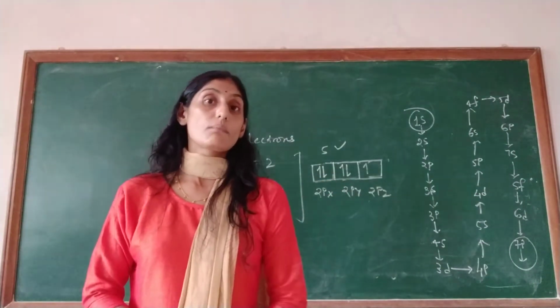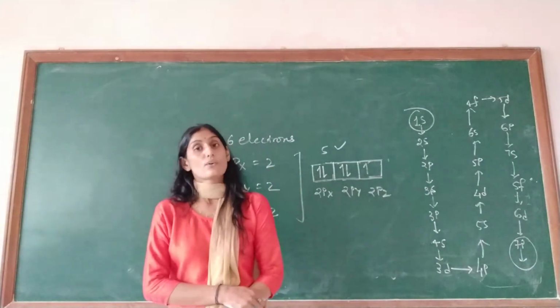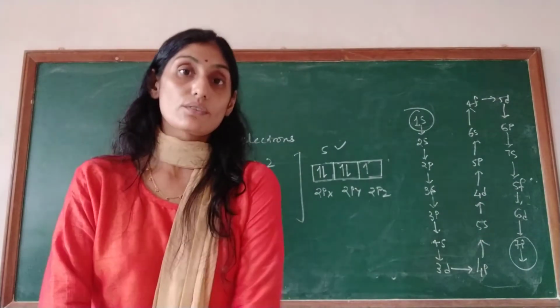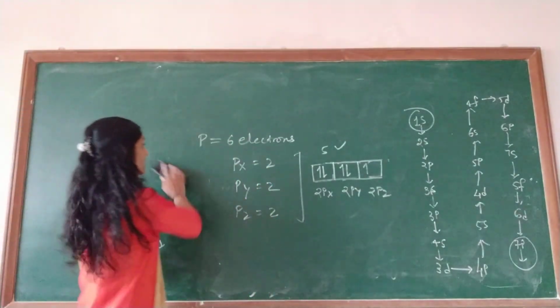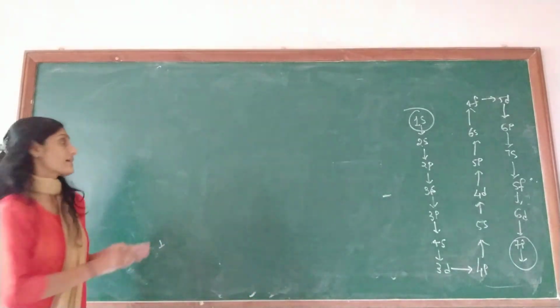So that is all about the rules for the electronic configuration in the atomic orbital. Let us see one example: how the electrons are accommodated in the atomic orbital diagram.